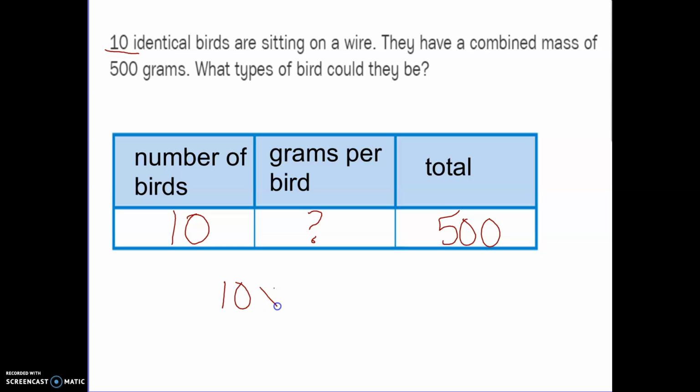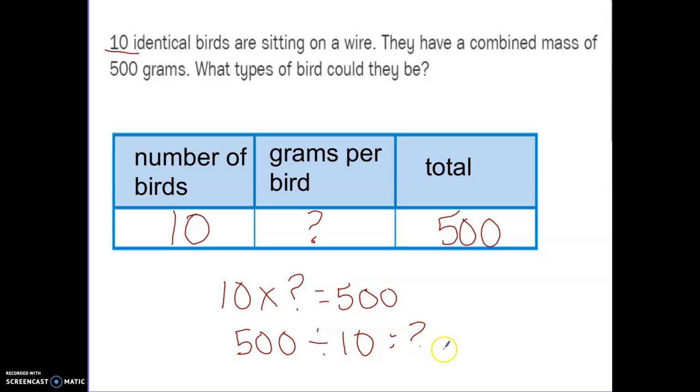So I need to figure out how many grams the bird is. So I could come up with two number sentences: 10 times question mark equals 500, or 500 divided by 10 equals question mark. Okay?